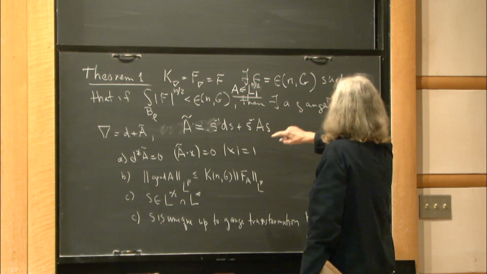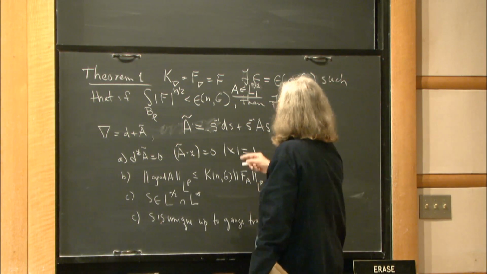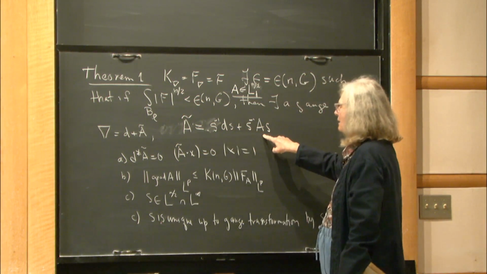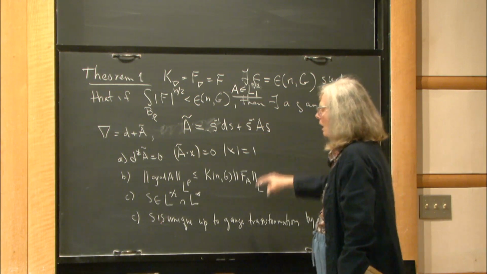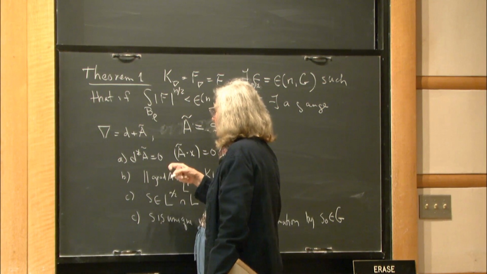But if A is in the right space, then you have a gauge transformation, remember this is the A that comes from the gauge transformation. The conditions on A are that it's co-closed.